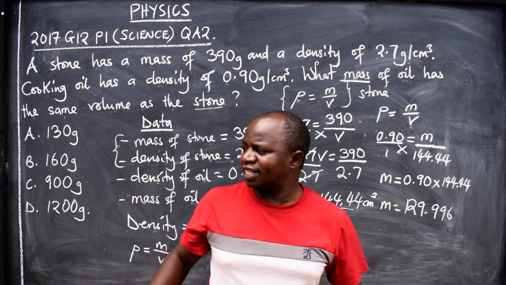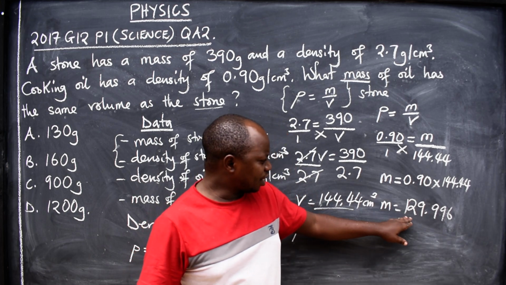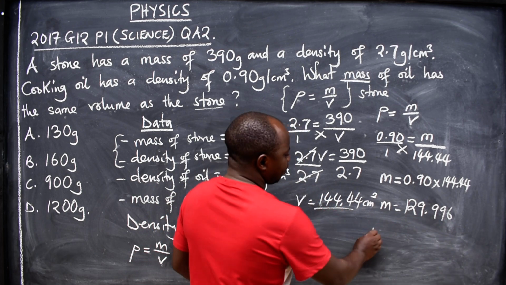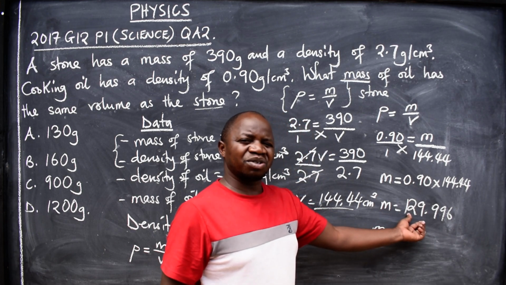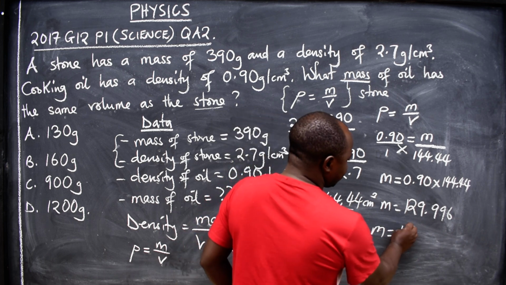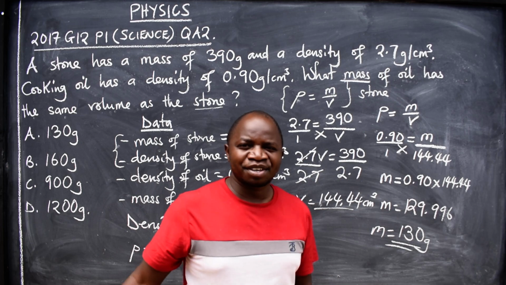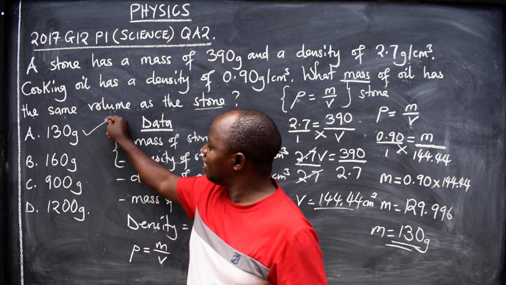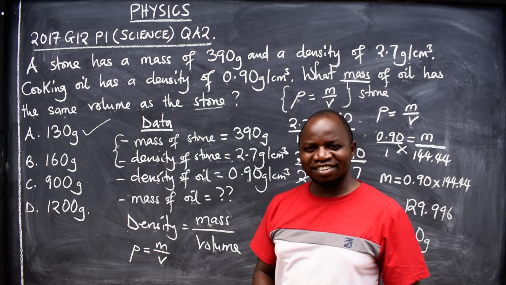Now, if you look at the options that have been provided here, we do not have this number, meaning it was rounded off. So now we are going to say mass is equal to, when we round off this to the nearest whole number, you are going to get 130 grams. That is the mass. Did you get it correct? The answer is A. That is the way you should be able to answer.